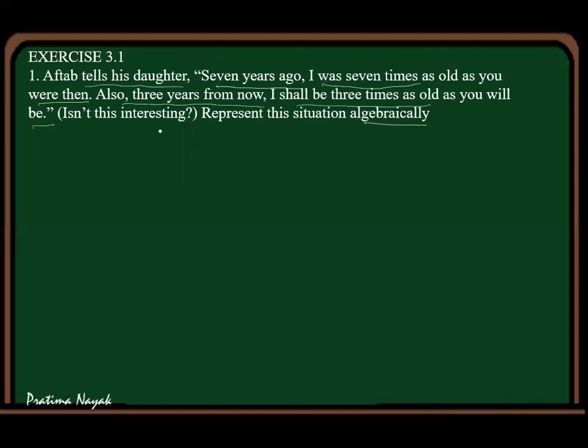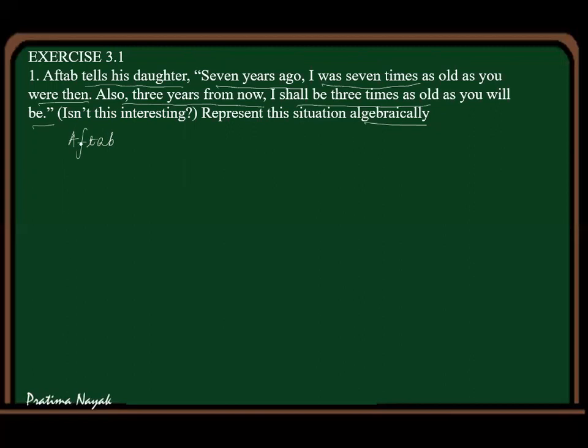So here there are two unknown quantities. One is Aptak and the other is his daughter. So what we'll do, we'll take one unknown value as x, one unknown value as y.